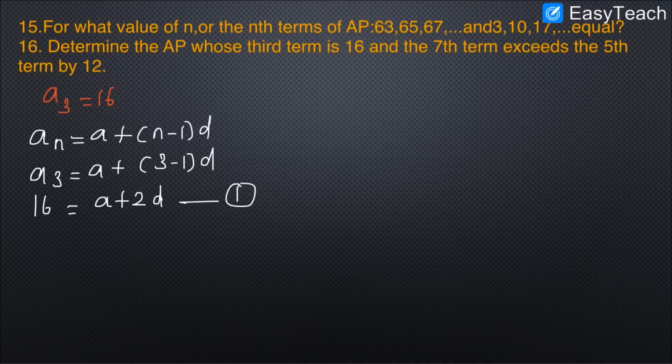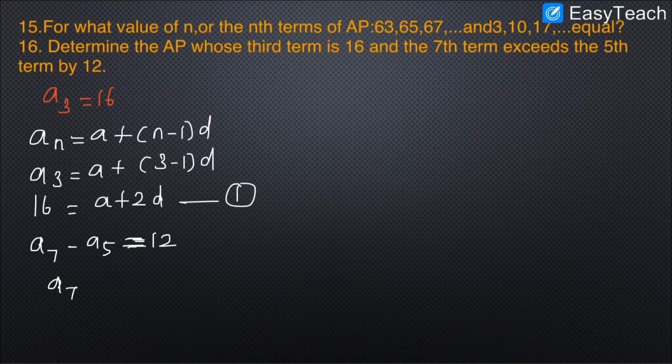What is the second statement? The 7th term exceeds the 5th term by 12. Which means A7 minus A5, the difference between these two terms, is 12. Before that, let me write the equation for the 7th term and the 5th term.